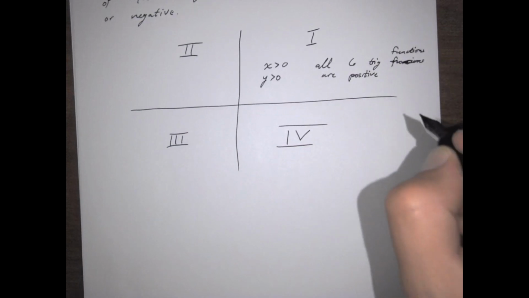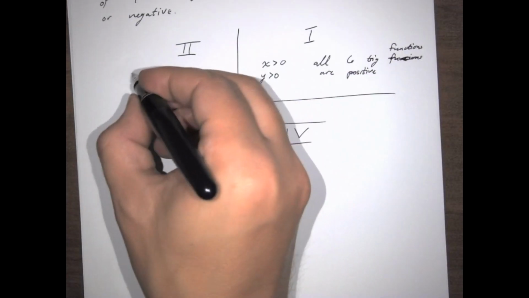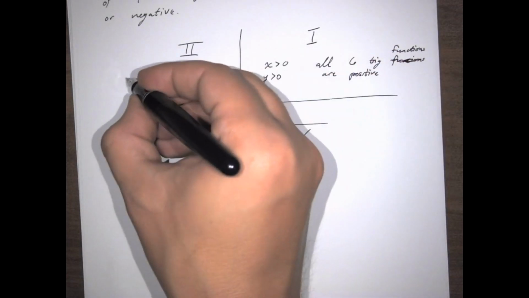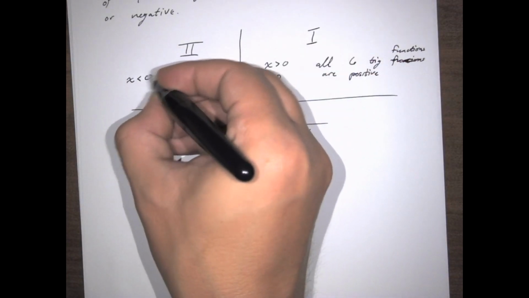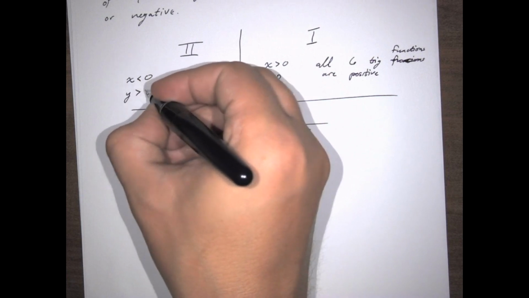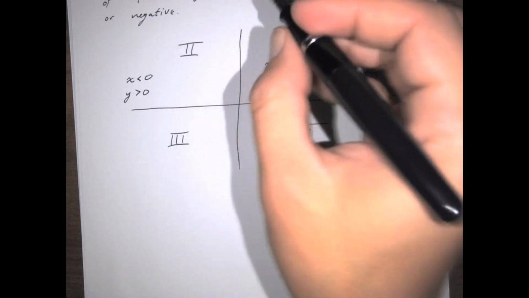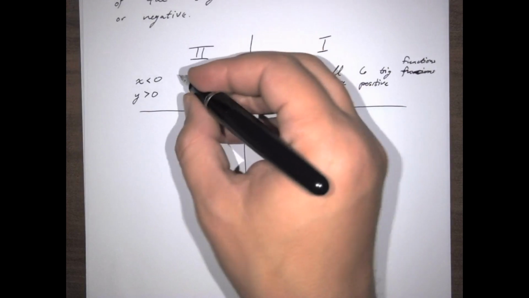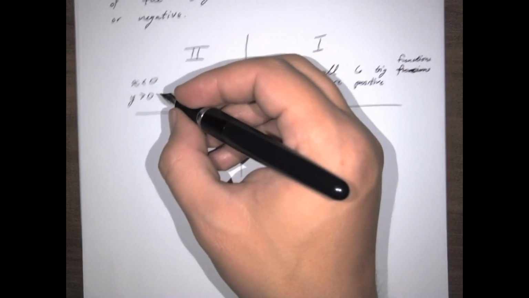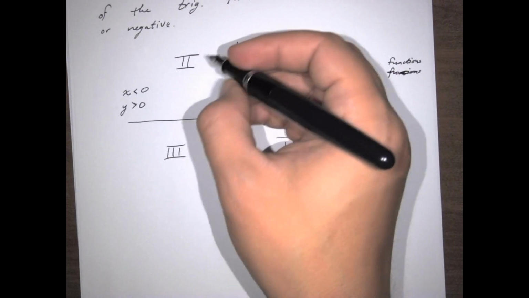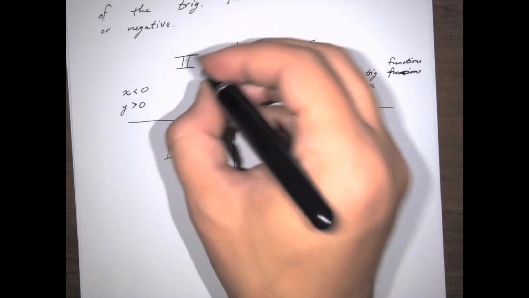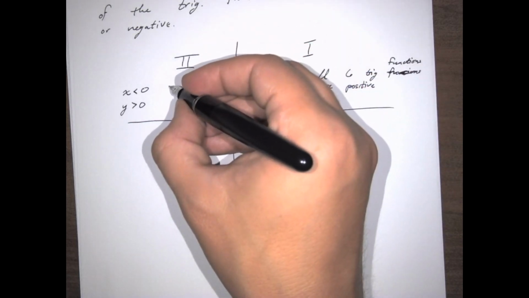All right, now in quadrant 2, what's the situation? Now the x is negative and the y is positive. And if we think about this, this means that all of the things that are specifically only involving the x will be negative. So what's that mean?